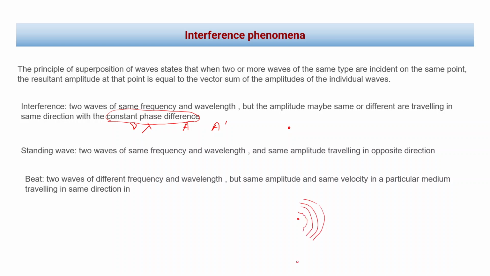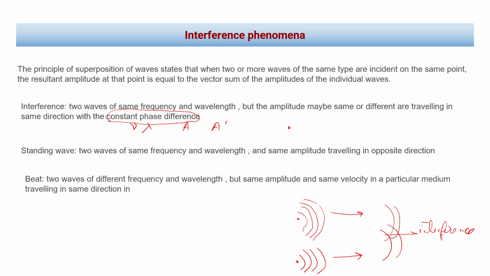And then simultaneously at another place, I have thrown a pebble at the same time and I'm getting water ripples like this. So if they have the same frequency and the same wavelength, even if their amplitudes are different, but if they are traveling in the same direction and at some point they overlap or interact like this, then this phenomenon is known as interference.